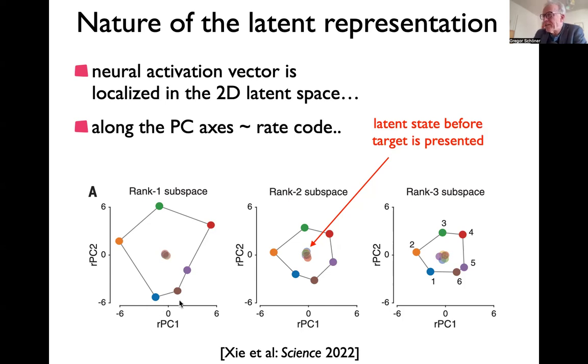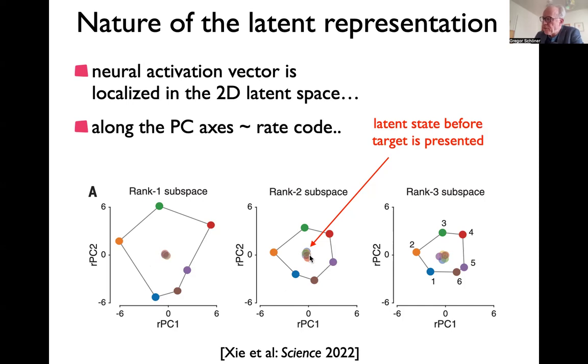So in that sense, this is sort of a rate code. It's not that you would just have an activation on top of that space. It's really in that space itself, that it's a neural space. So a location in that space is a particular level of firing of all these neurons. In that sense, it's a rate code.